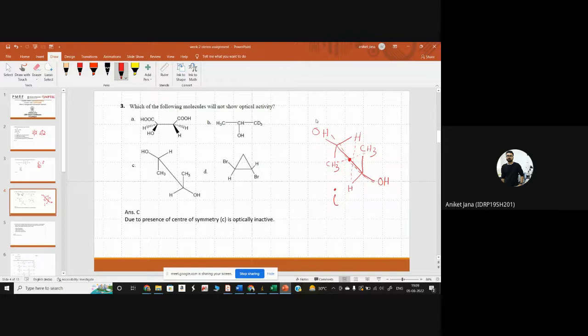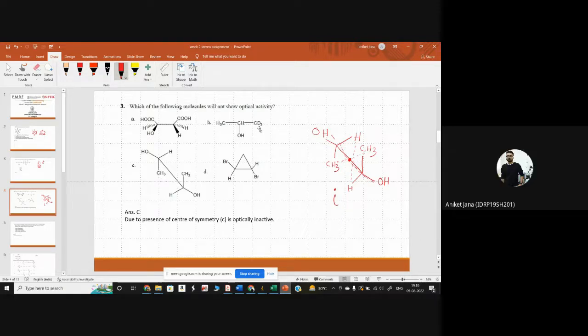So, let's talk about the other molecules. Does the other molecule have any element of symmetry? This one, B. No, sir, it doesn't, right? It has a methyl group with hydrogen on one side, while on the other side it has deuterium.